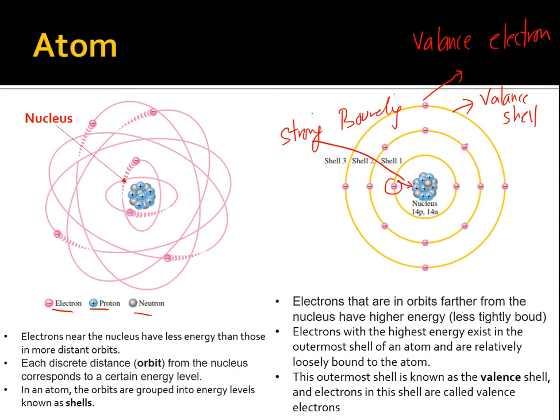These valence electrons have relatively lower bonding with the nucleus, because they are away from the nucleus, as compared to the electrons which are near the nucleus. So valence electrons have lower bonding, but they have the highest energy, because they are away from the nucleus.